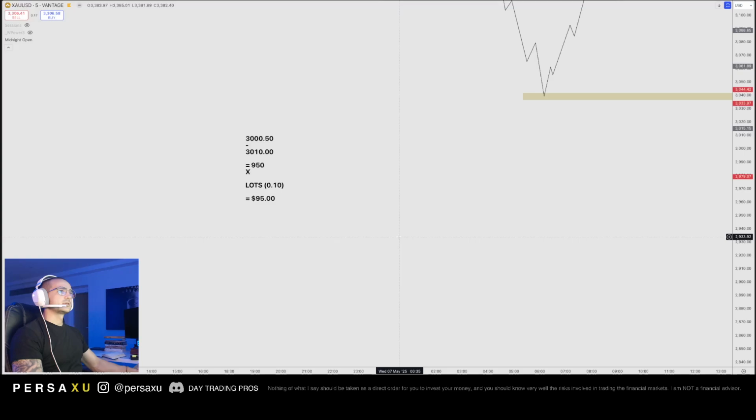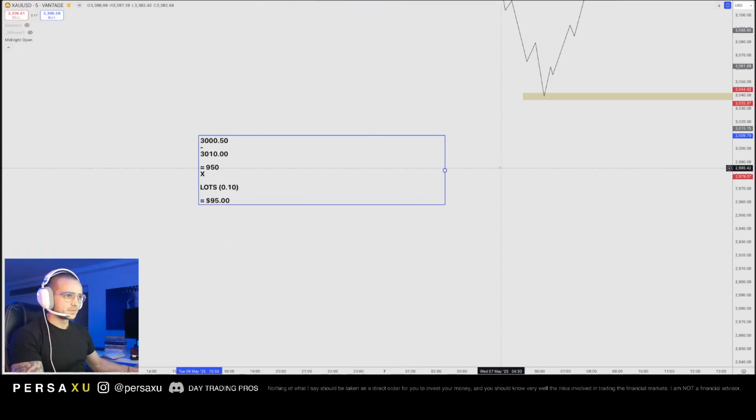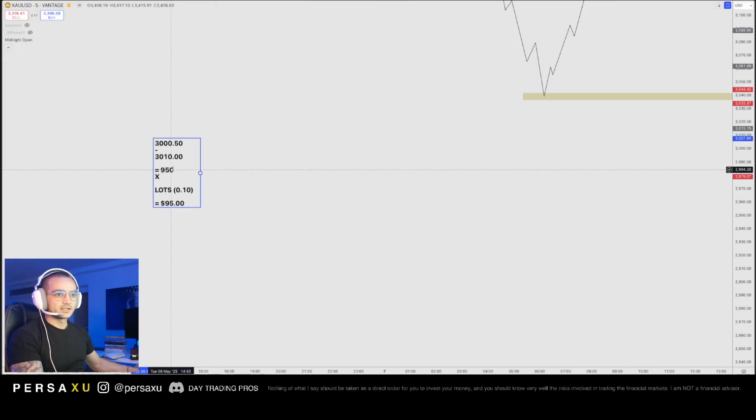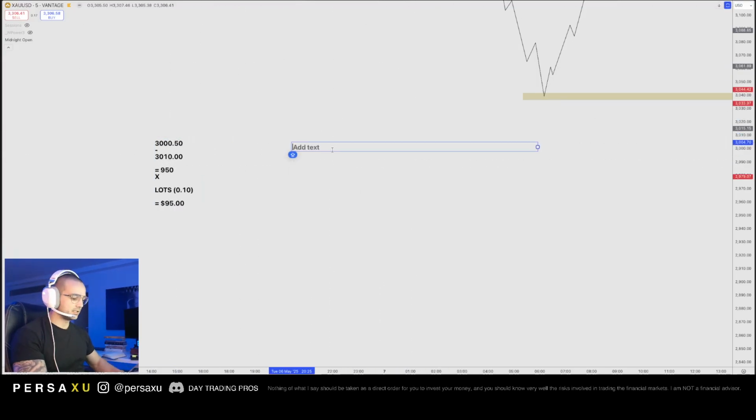Okay, and so what else? Where was I going with this? So okay, the capital, yes. The size of your account, your balance size. For a beginner trader who's trying to make it on his own or her own, it's reasonable.